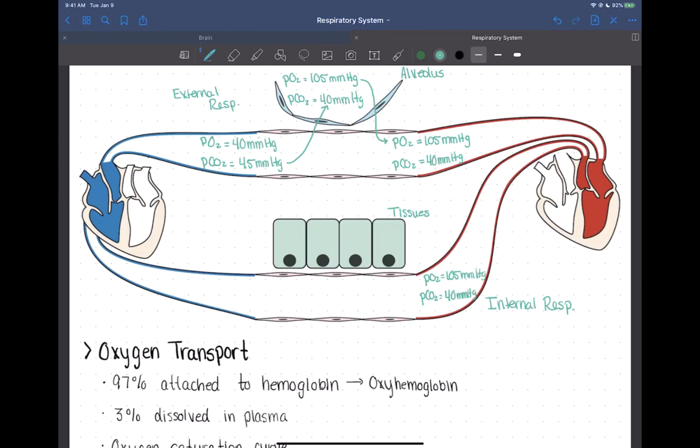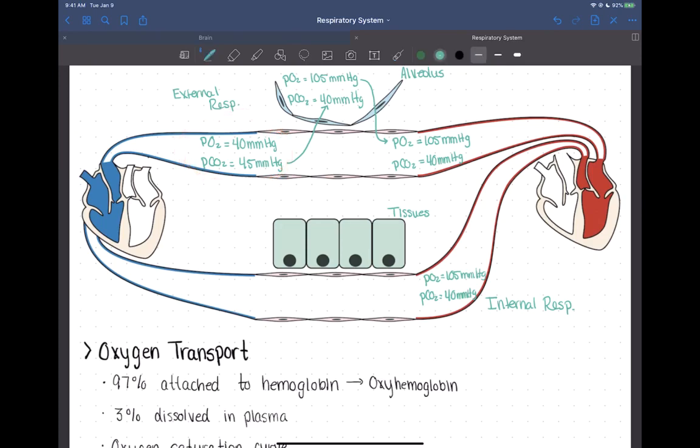All right, and so you may already be thinking ahead a little. As the blood passes by these tissues, a similar thing will happen to what we just saw. So these partial pressures will be exchanged for the partial pressures in the tissues. And so then this partial pressure here that we end with will look a lot like the partial pressure in the tissues. Okay? And so we already kind of know that this is what our deoxygenated blood looks like.